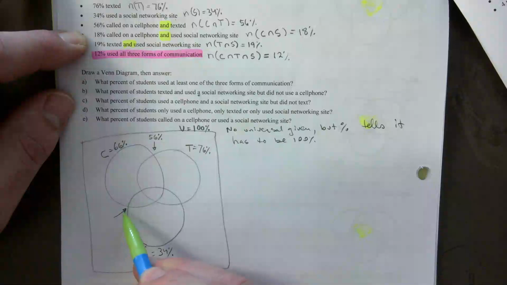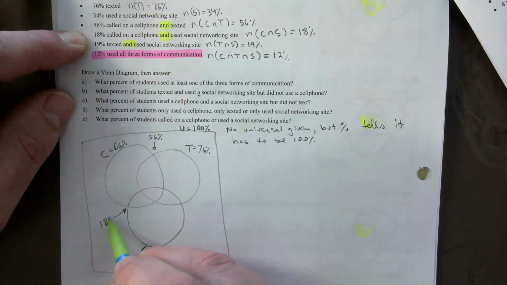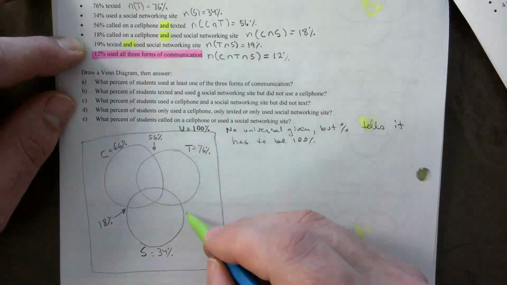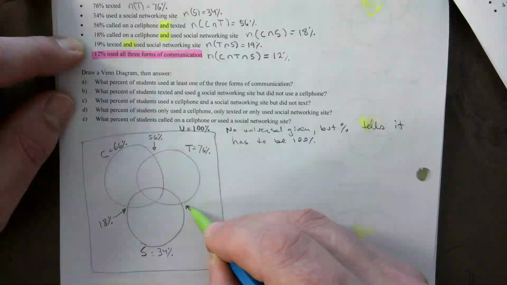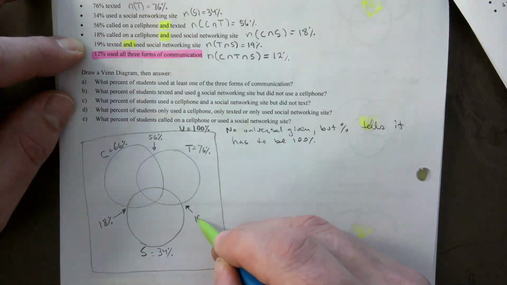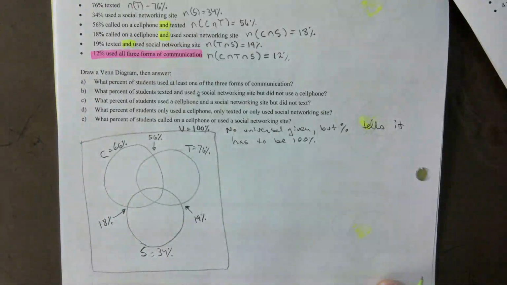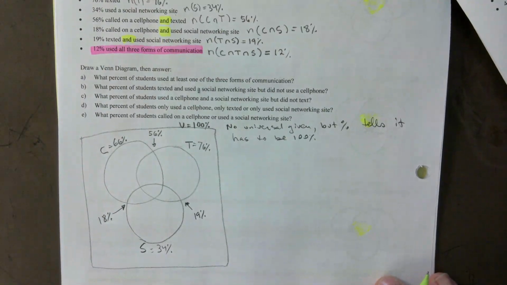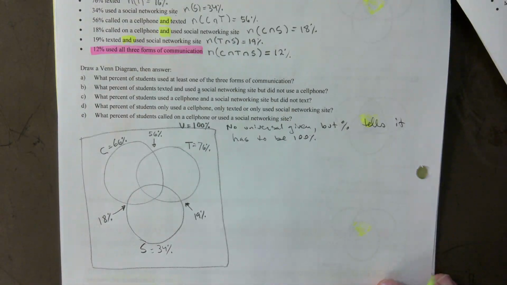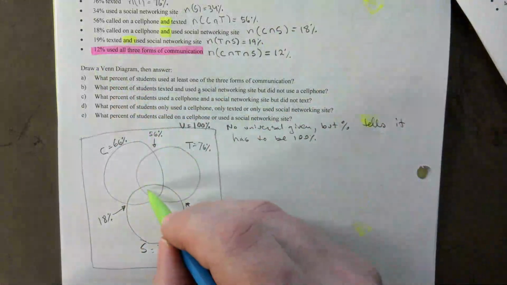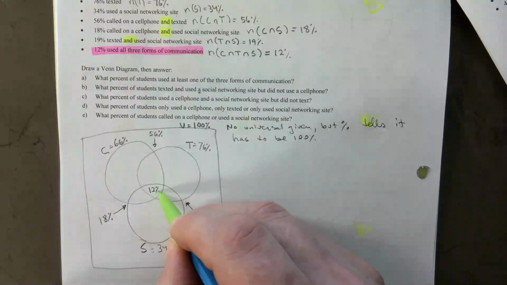So we're going to put that over there. That's 18%. And texting and social networking, that would be 19%. Alrighty. And the 12%, which we really like, is the middle here. I'm going to put that in there, 12%.